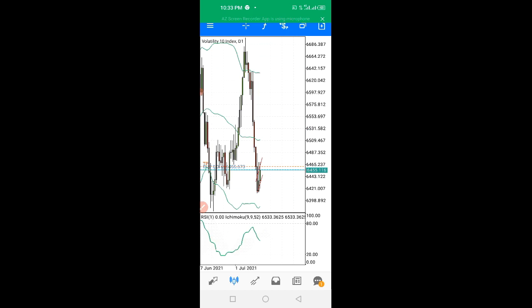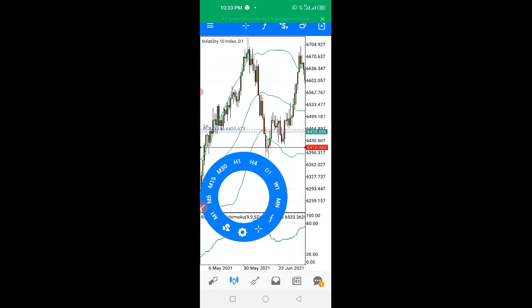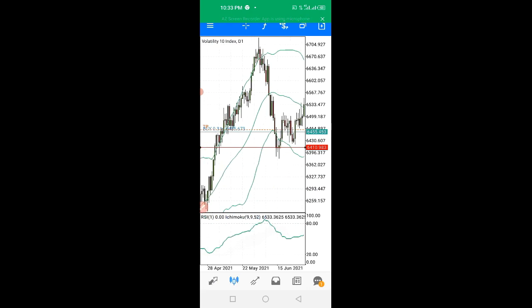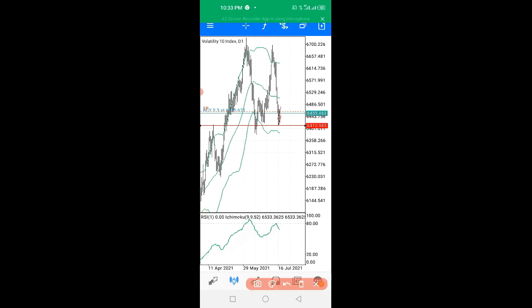So let me check the daily. Okay, now on the daily we have a support level, a strong support level at this point here, at which the market tends to reverse. If you check it, let me zoom down a little. Now if you check it, the market tends to reverse, do a pullback around this point.